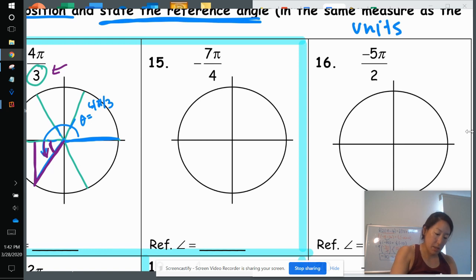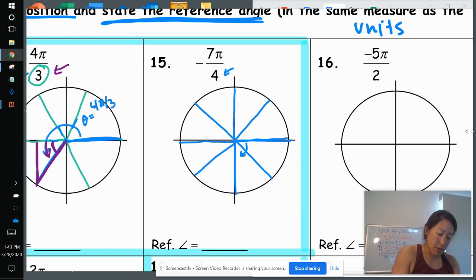So this time we're going to start on the x-axis, and we're going to move clockwise instead of counterclockwise. We need to split our angle up into fourths. So 1, 2, 3, 4 on the bottom, and then 1, 2, 3, 4 on the top.